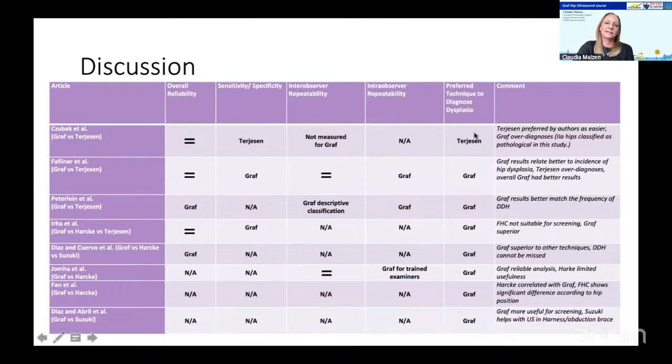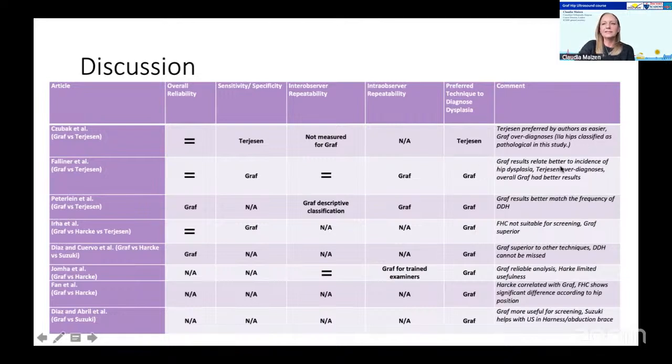The group that preferred the Thiersen method preferred it because it was thought to be easier, and they felt that Graf was overdiagnosing. Having to say that in this paper, Graf 2A hips, which are immature but not abnormal, were classified as pathological, which explains why there potentially was overdiagnosis.